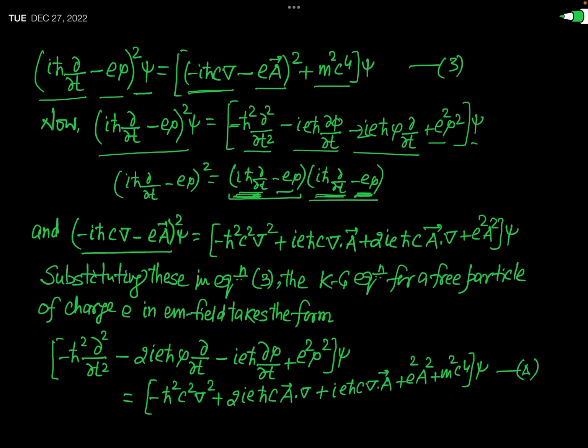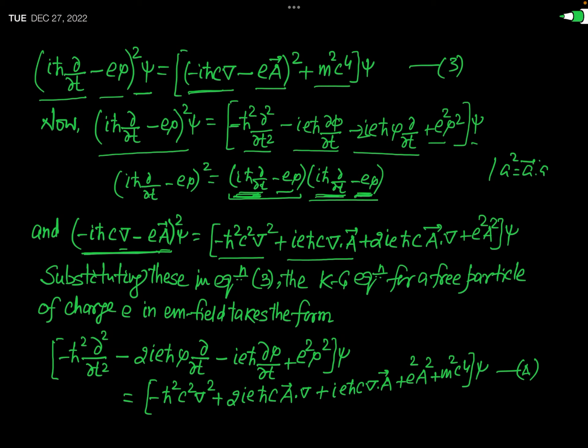And when you operate this operator on itself, the result will be minus h bar square c square del square plus i e h bar c del dot a. Here del and a are both vectors, so a squaring means a scalar product, because when you write any vector, let us say a square, that means a dot a.